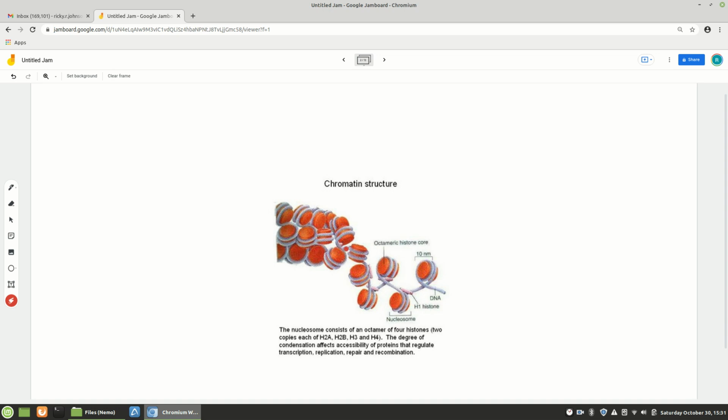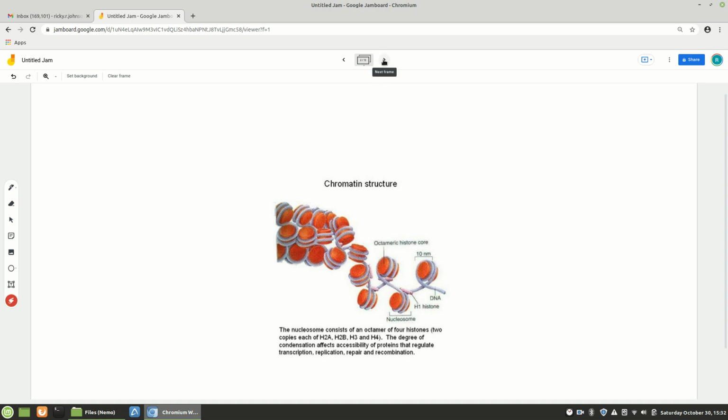This is very compacted DNA. This is less. This is more likely to have ongoing transcription going on. In other words, the genes in the DNA over here are more likely to be active and expressed in the cell than the ones over here.